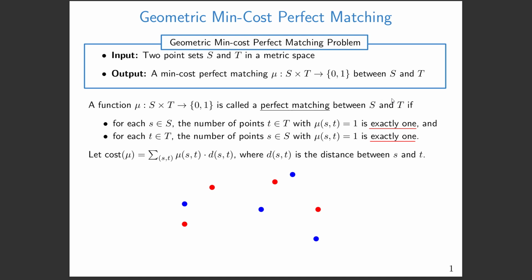Each weight of the pairing is defined by the Euclidean distance between two points, and the cost of the perfect matching is defined by the sum of its edge costs. Our goal is to compute a perfect matching whose cost is minimized. So here is the exact solution of the min-cost perfect matching.